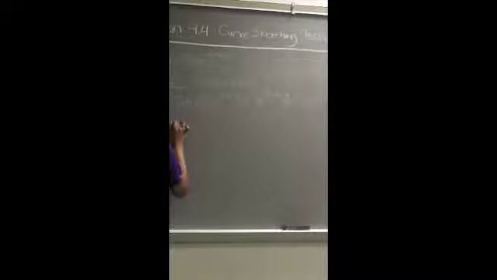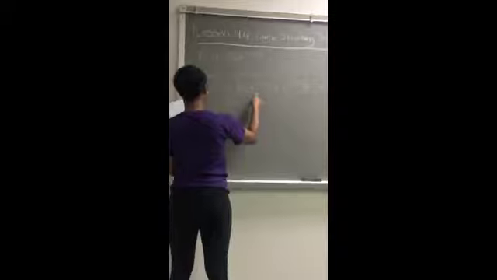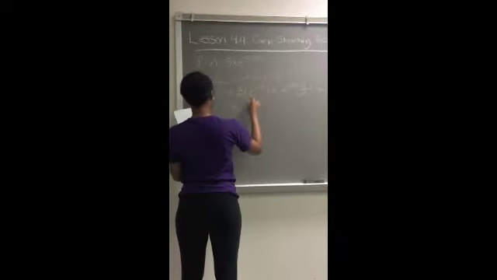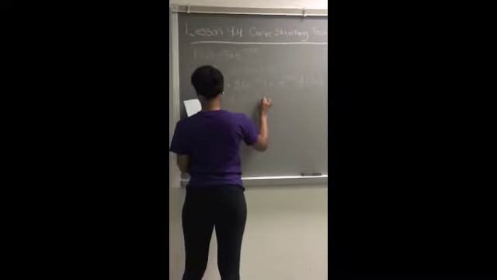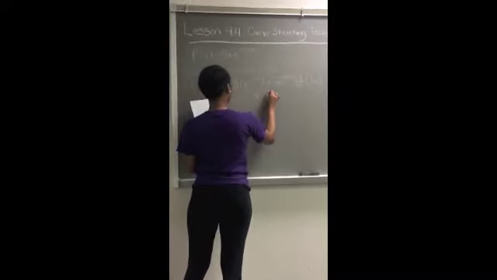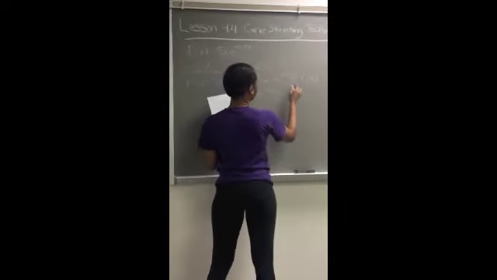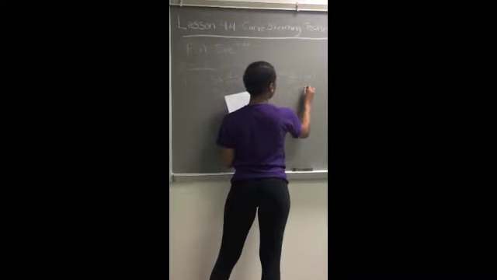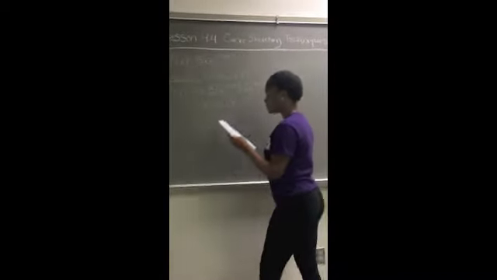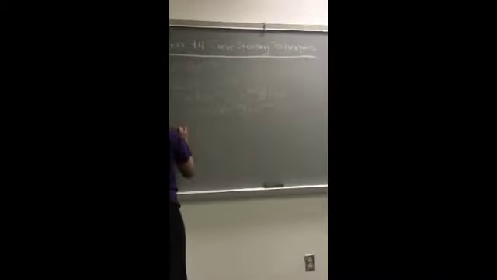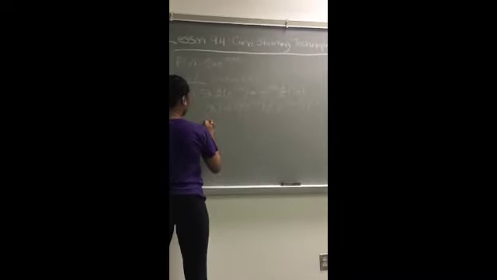So this equals 5x, we just carry that down, and then the derivative of e to the negative 0.2x is you bring down the negative 0.2 times e to the negative 0.2x, plus e to the negative 0.2x, and the derivative of 5x is just 5. So 5 times negative 0.2 is equal to negative 1.